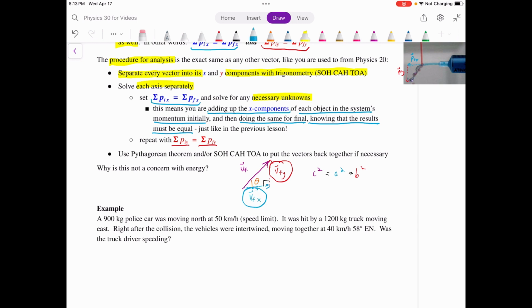Okay. Now, it's not always that we're going to be looking for a final velocity. We might be looking for an initial velocity, or we might just want to find an angle or something like that, right? Or a final momentum, okay? But that's generally the procedure. We're going to be able to use conservation of momentum in the x-axis and in the y-axis to find unknown quantities, okay?